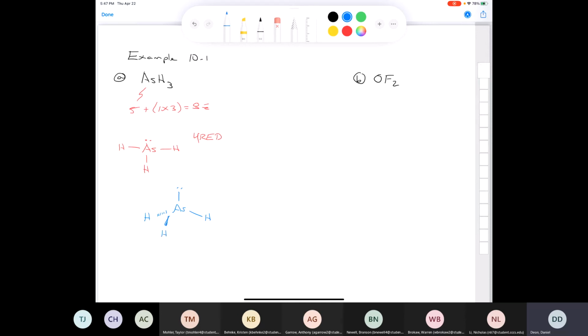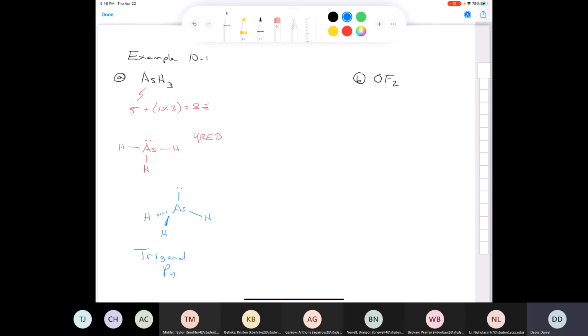Could anybody tell me what that molecular geometry is that I've drawn right here? Any takers? So this would be trigonal pyramidal.